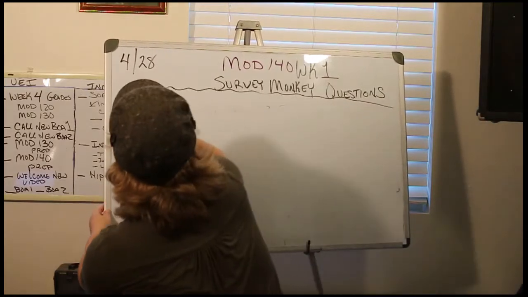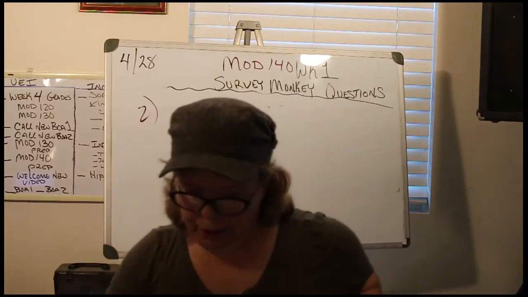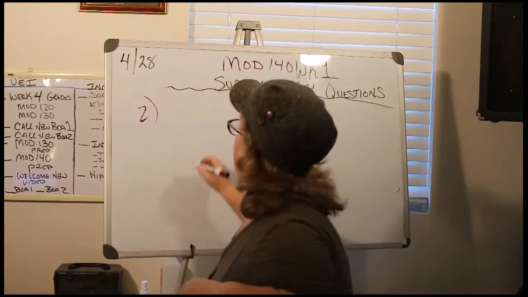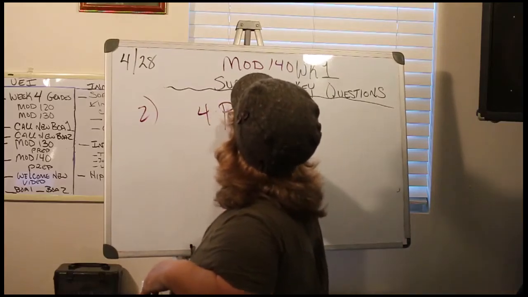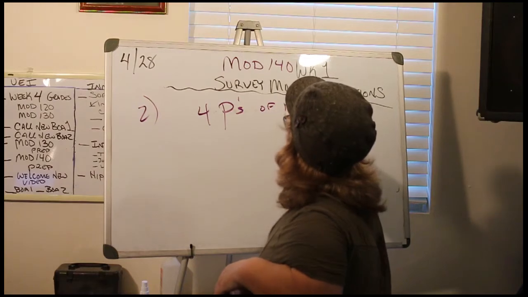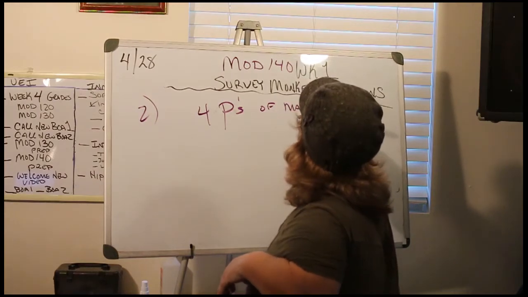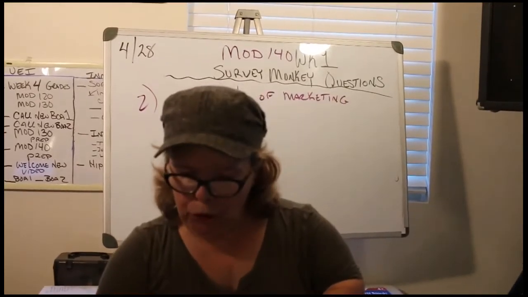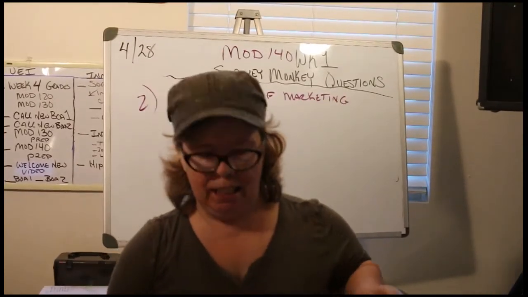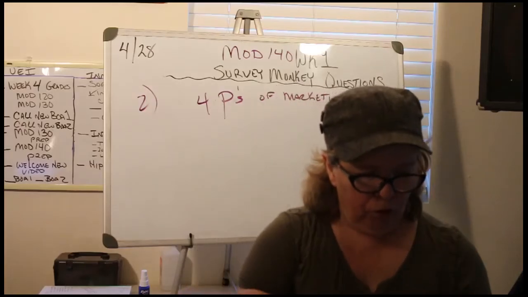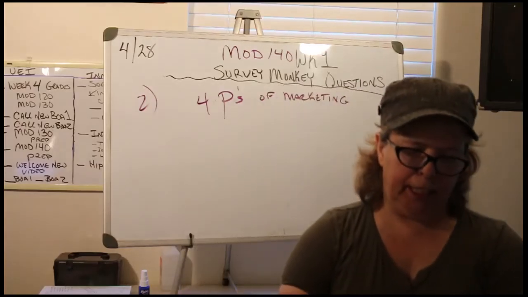Number 2 is, what are the 4 P's of marketing? We're going to learn about this a little bit more when we do our marketing plan. So go to page 10, where we'll go over the 4 P's of marketing.